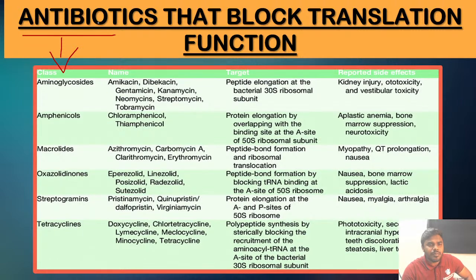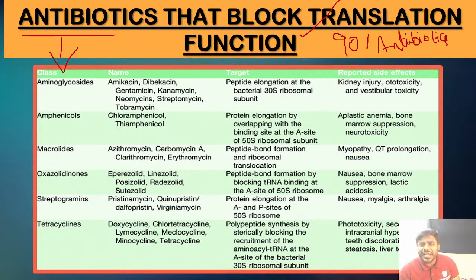The interesting point every student has to remember is that 90%, not 5 or 10%, friends. Everyone listen, every one of you. 90% of the antibiotics that we are using in our daily life for different kinds of diseases block the process of translation. 90% can easily block translation.